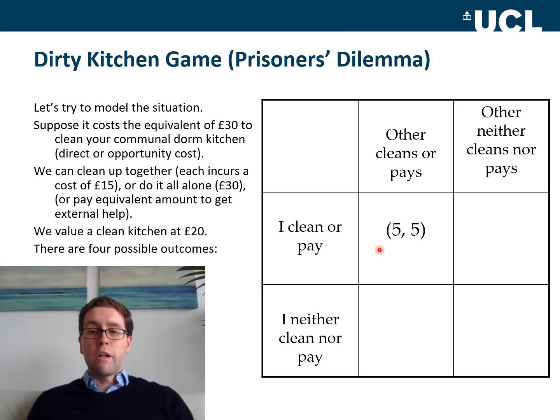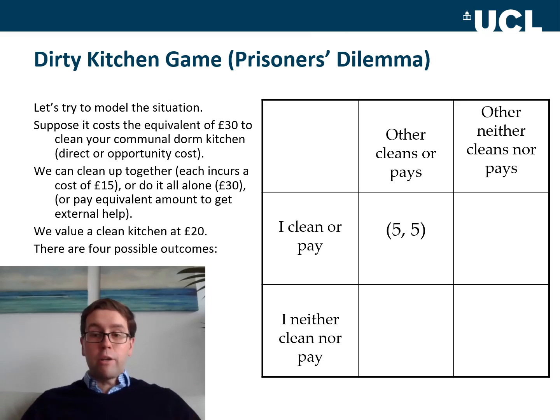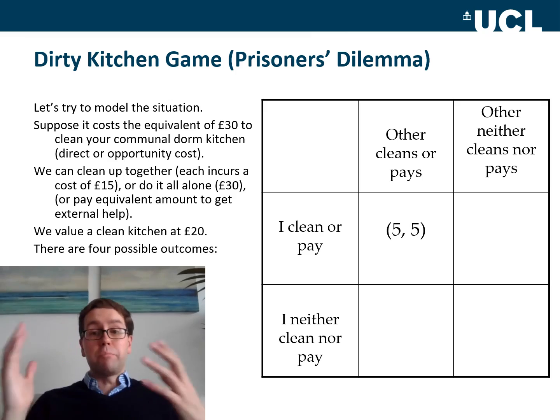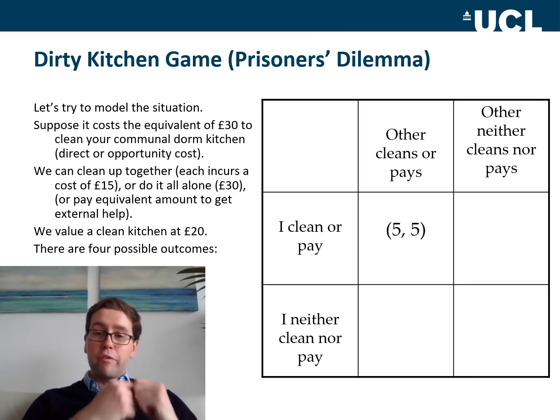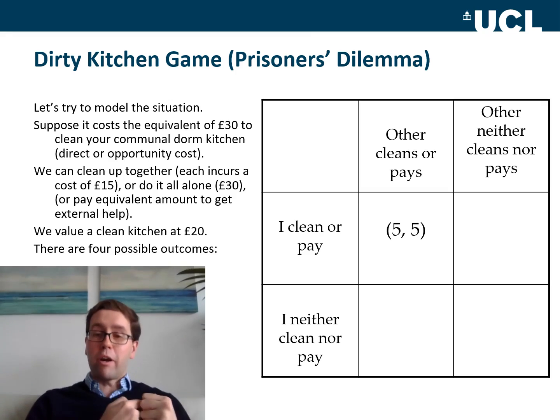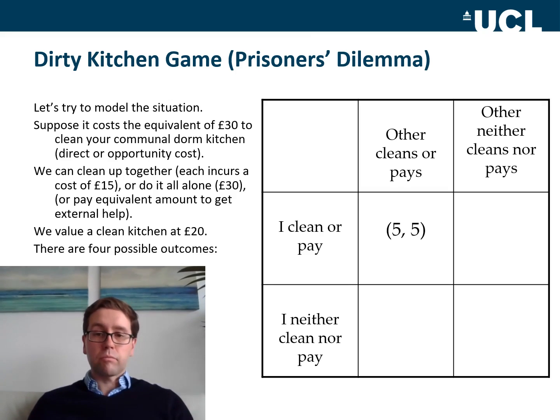If we both clean up together, that means we both incur £15 worth of cleanup pain, or we actually pay, right? But we both receive £20 worth of benefit from the clean kitchen. So that sounds quite nice, right? We both get £5 benefit in a way. Okay, so £15 worth of pain, £20 worth of gain, both of us.